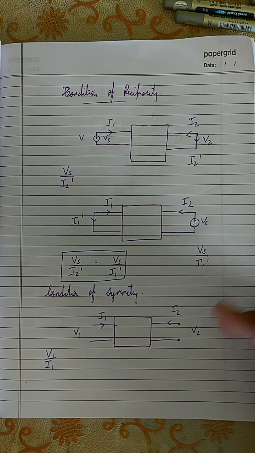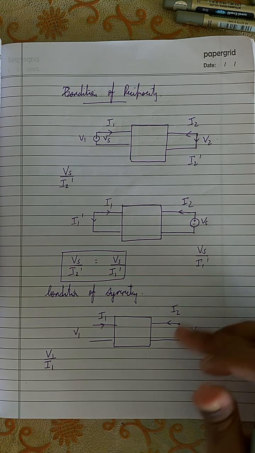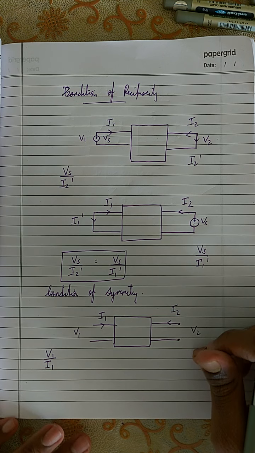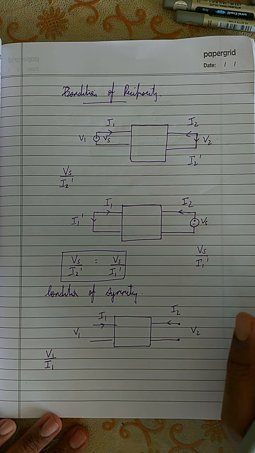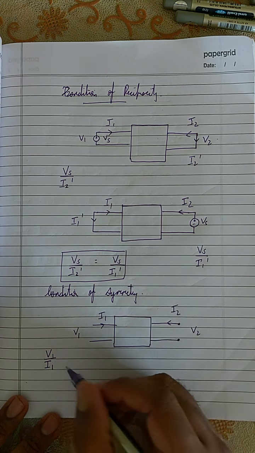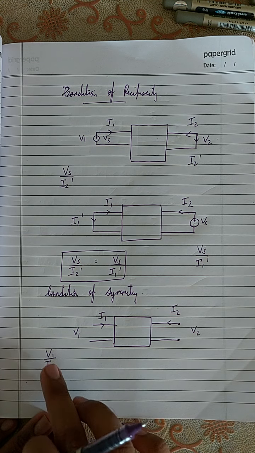That is basically the meaning of open, right? Open means no current can flow through. If a branch is open, no current will be able to flow through, so therefore the current in that branch will be zero. So here, if I say that port 2 is open, what I meant is that the value of I2 becomes zero. So in that case, I will find the ratio of voltage to current.